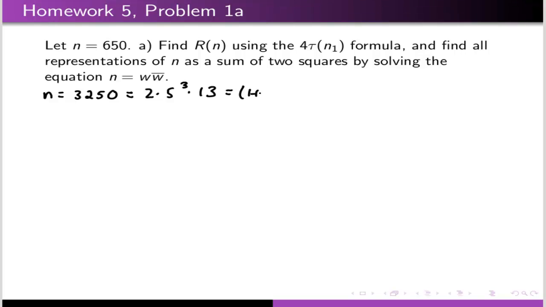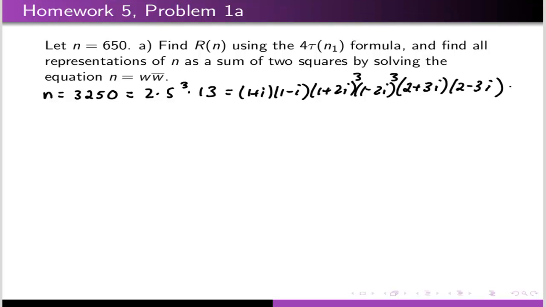So 2 is 1 plus I, 1 minus I, 1 plus 2I, 1 minus 2I, and these are each cubed. 2 plus 3I and 2 minus 3I. And let's break that up as a W times W bar. Okay.